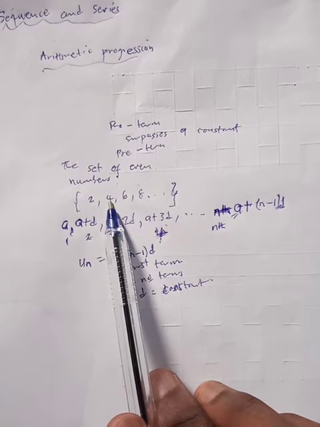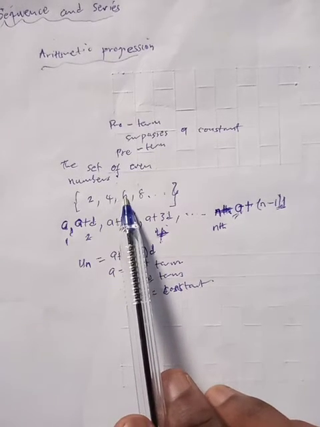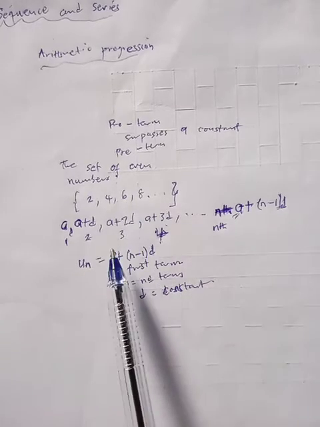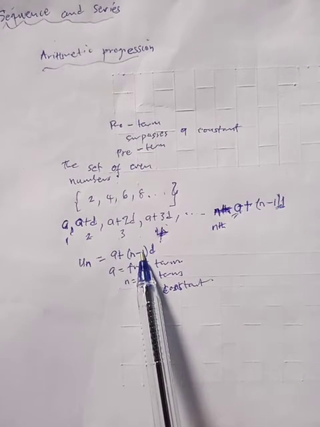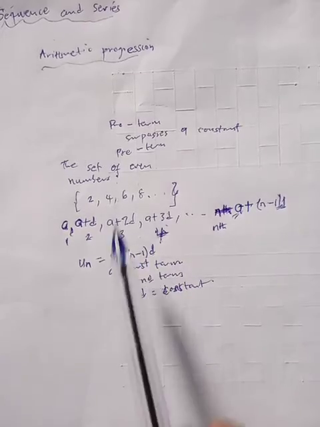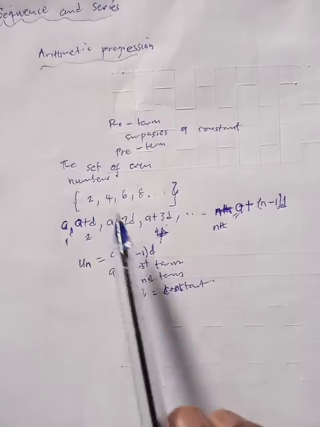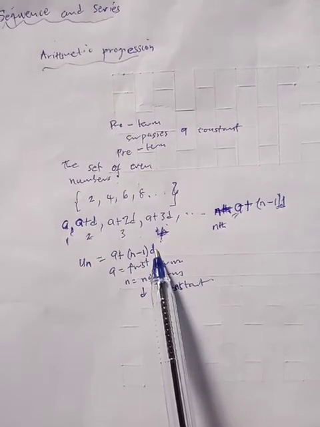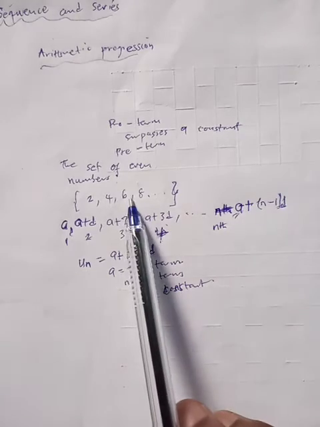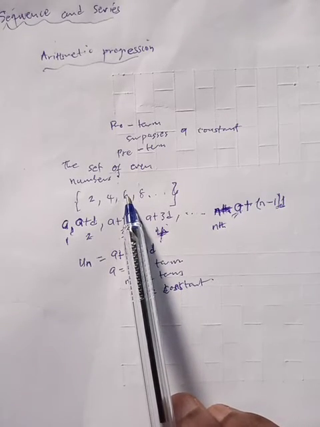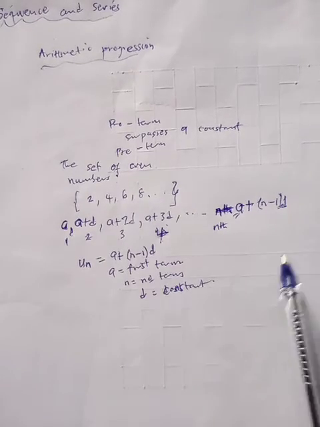It is proven. So we do that to the third term. We have 2 here, then we have 3 here. 3 minus 1, that will be 2. 2 times the difference, of course, we know is 2. So 2 times 2 is what? 4. 4 plus 2 is 6. And the 6 here is it. Have you seen that, guys? So let's move on.